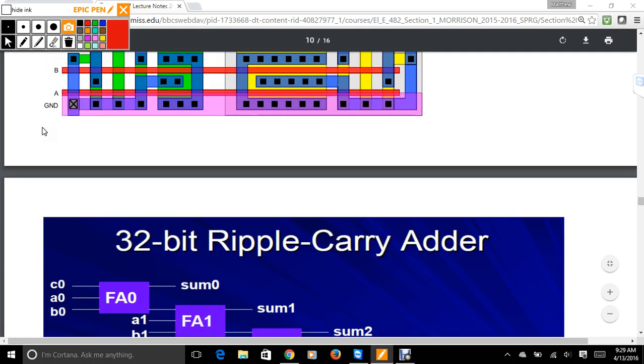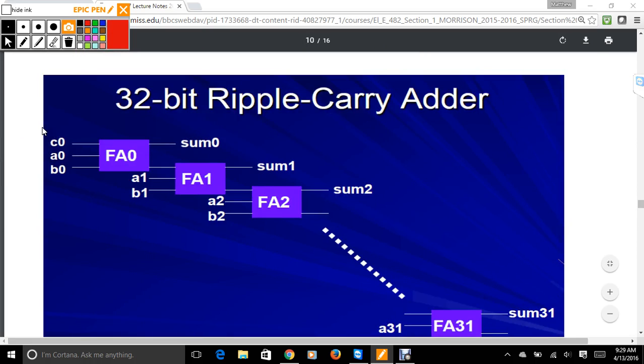And so in 385, I went over this concept of a ripple carry adder, where the carry out goes into the carry in of the next one. Part of the hierarchical design is that once you've checked one of these cells, instead of using this raster-based design and having to check another cell and another cell, if you're reusing the cell over and over again and you know it works, then there's no reason to check it again.